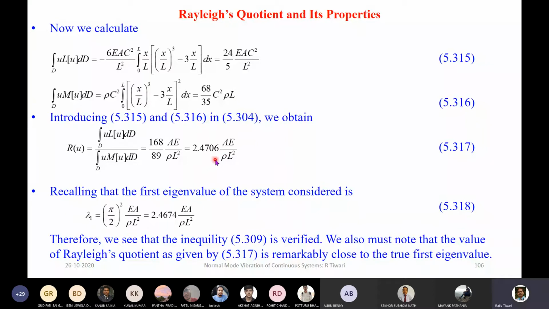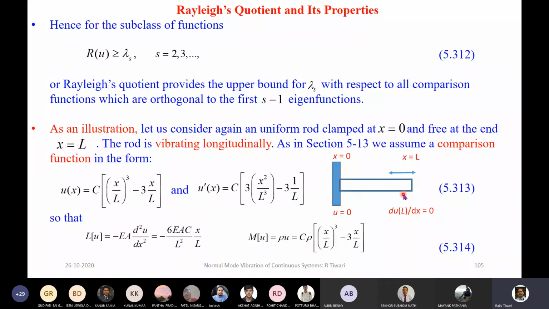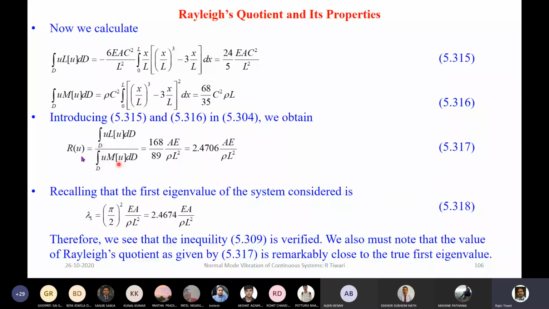We have already solved this axial rod case in closed form, where the exact value was obtained by solving the eigenvalue problem. But here we are trying to predict it directly from the Rayleigh's quotient. So for lambda, the coefficient we got is 2.4706. From the previous closed form solution, the first eigenvalue was 2.4.